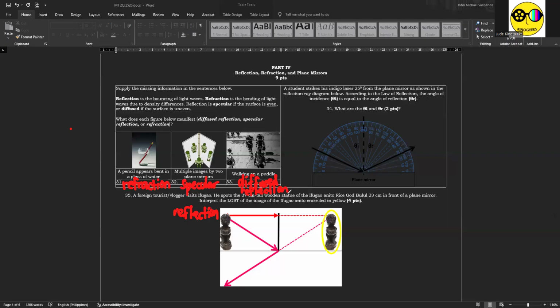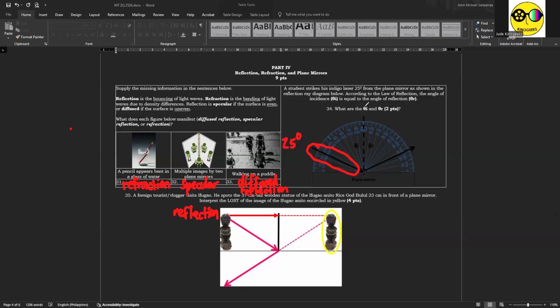Let's start with the angle of incidence here, this red one. It says here that this incident ray was struck 25 degrees from the plane mirror. And you have the normal line, which is perpendicular to the plane mirror.